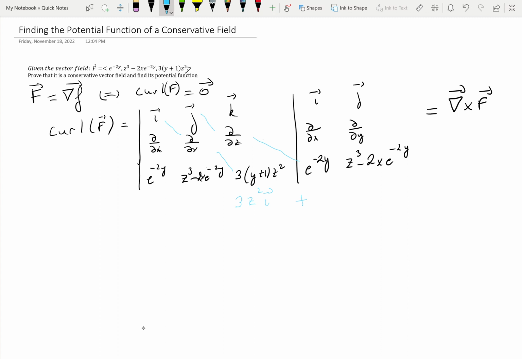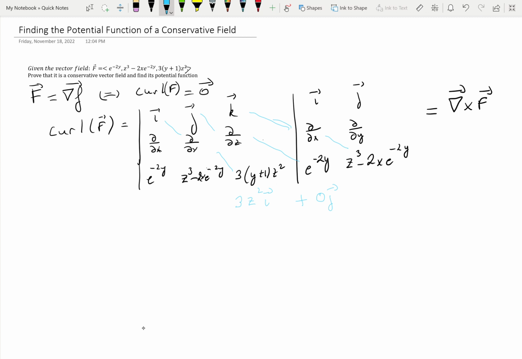And then you look at the second diagonal, which is j times the partial with respect to z of e to the minus 2y. Well, there's no z here, so e to the minus 2y is just a constant when it comes to the z variable. So that means that you're going to get 0 when you take its partial derivative with respect to z. Then the last diagonal is k times the partial with respect to x of z cubed minus 2x e to the minus 2y.